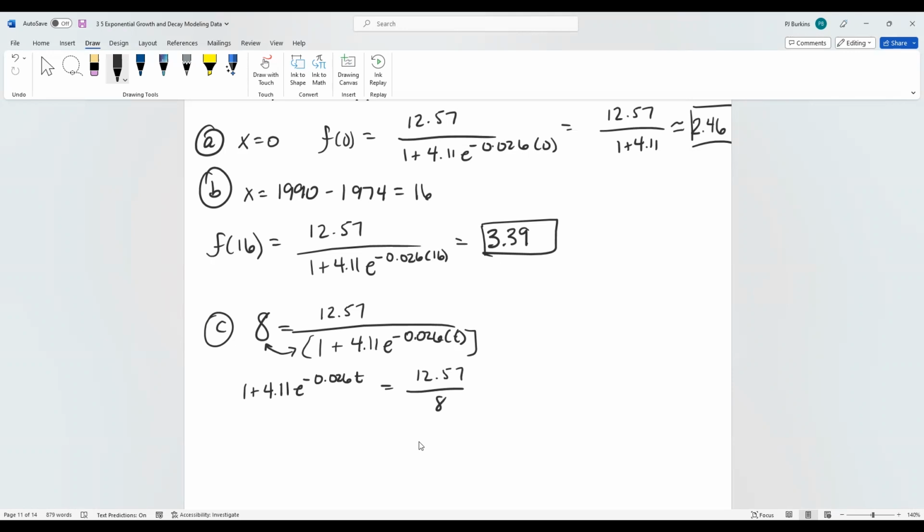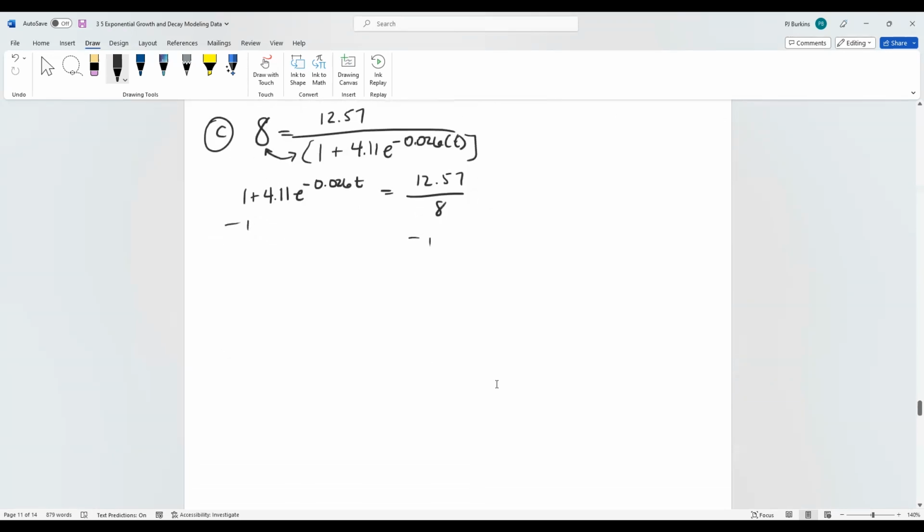Still got to get t by itself. So now I need to subtract 1 from both sides. So now I'm at 4.11 e to the negative 0.026 t equals 12.57 over 8 minus 1.